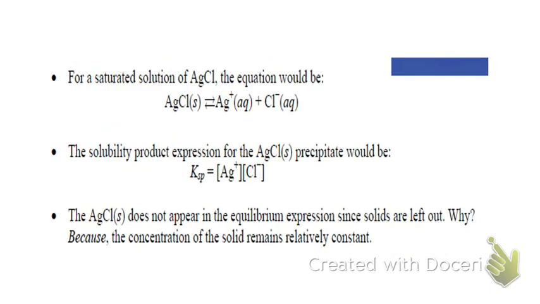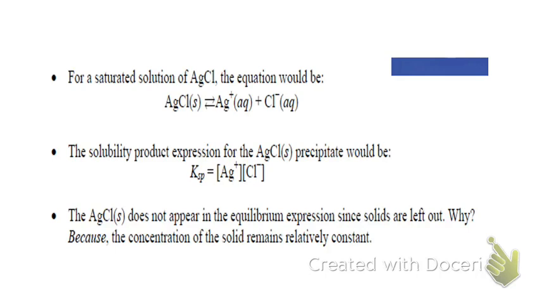Okay, so remember that solids do not appear in the equilibrium expression, only aqueous and gases. So the good news about this is when you're doing the math, you'll never have anything on the bottom. Because Ksp is going to be equal to the two ions. When you have the forward and reverse reaction of, for this instance, silver chloride, forward and backwards to making ions, you don't include the solid in there, so you just have Ksp equal to the concentration of each of the ions.